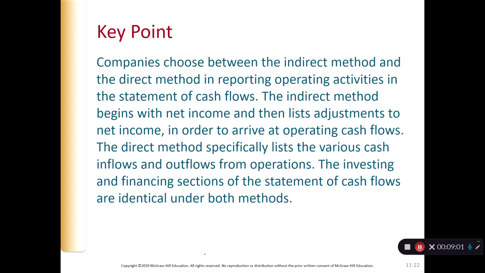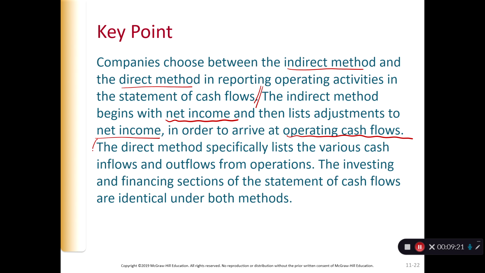So the key point here is that companies choose between the indirect method and the direct method in reporting operating activity in the statement of cash flow. The indirect method begins with net income and then lists adjustments to net income in order to arrive at the operating cash flow, right?